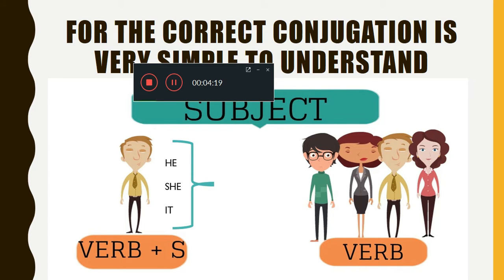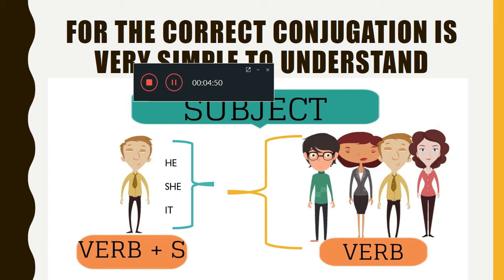And which are the subjects that talk about only one person? He, if you refer to a male, un hombre. She, if you refer to a girl, una mujer. Or it, if you refer to a thing, una cosa, or an animal.